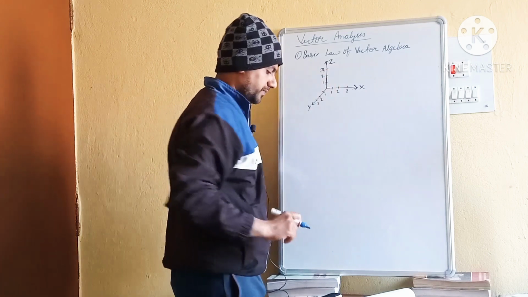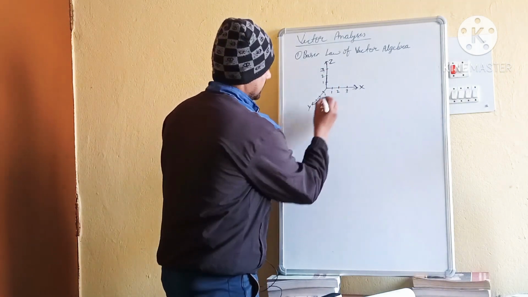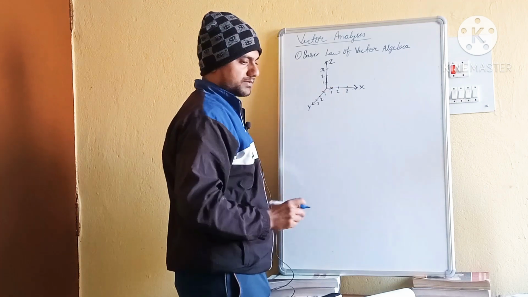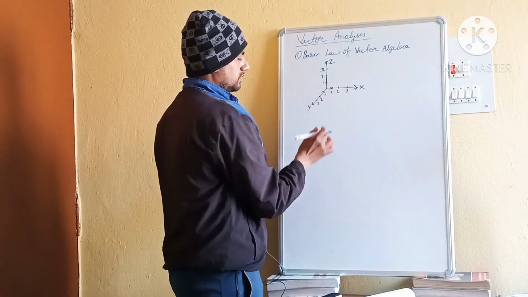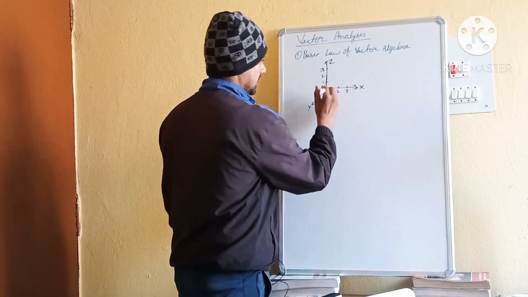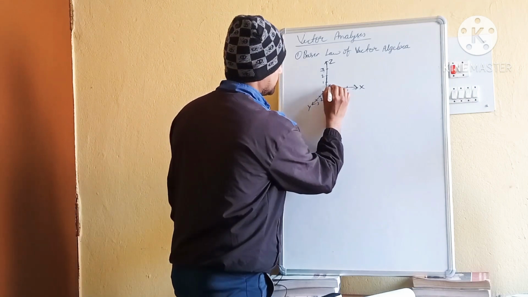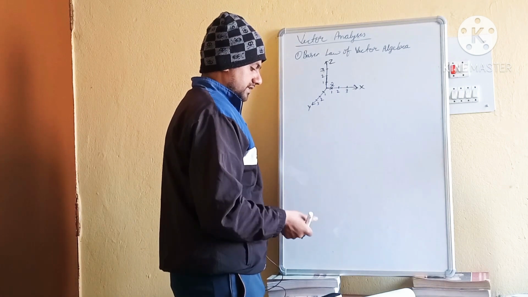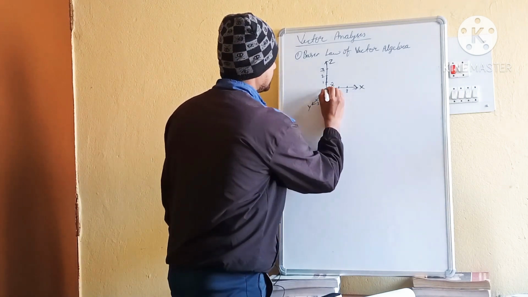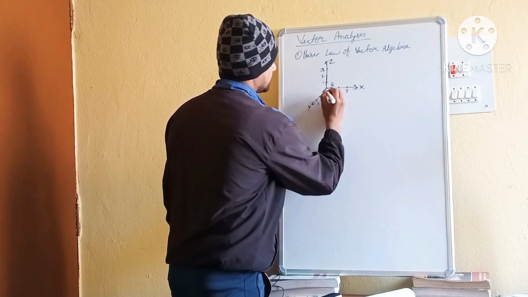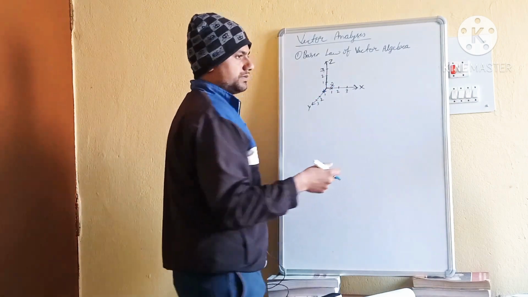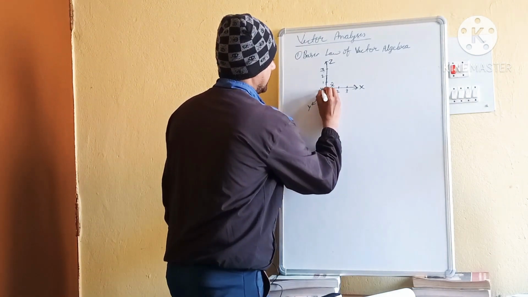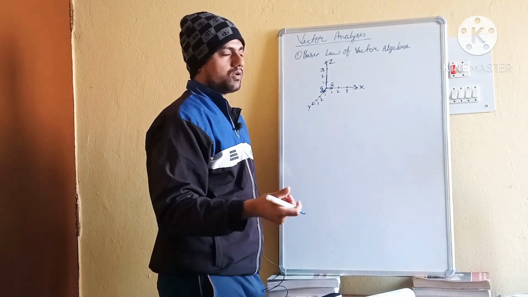Along the x-axis, whatever the unit value direction is, it is along the x-axis and the magnitude is 1, so that can be represented by x cap, a unit vector along the x-axis. In the same way, if a vector has a direction along the y-axis and magnitude 1, that can be written as y cap, the unit vector along the y-axis.